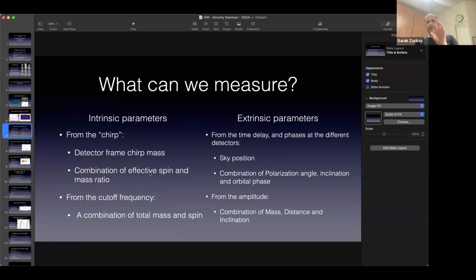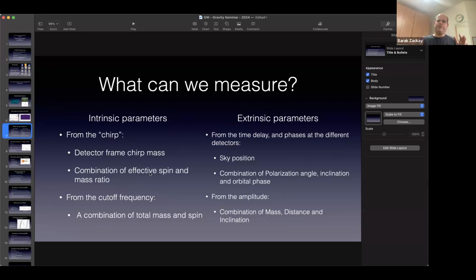Then there's another correction to this, which is f to the minus 1. And this f to the minus 1 depends on the mass ratio and the mass itself. So it's the mass and the mass ratio that determine this coefficient. And the next coefficient, f to the minus 2/3, is determined by the effective spin and the mass ratio again.